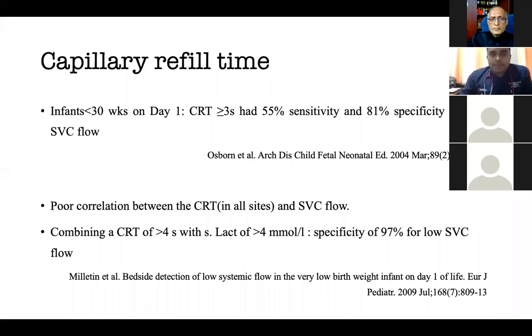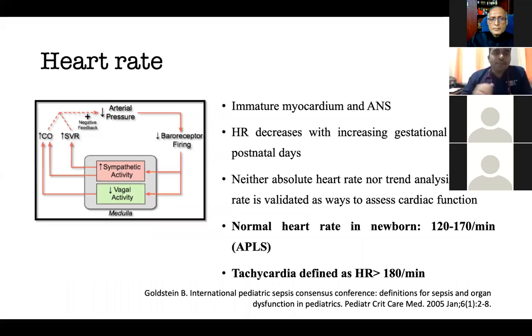What I mean by this slide is that a CRT alone doesn't always correlate with shock or a compromised blood flow. Usually what is seen is a combination of CRT as well as an elevated lactate. So typically a CRT of more than 4 along with a lactate of 4 has a specificity of 97% for low SVC flow. So low SVC flow indicates compromised cerebral circulation or compromised systemic circulation.